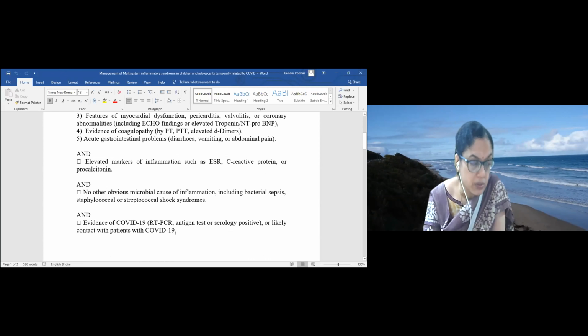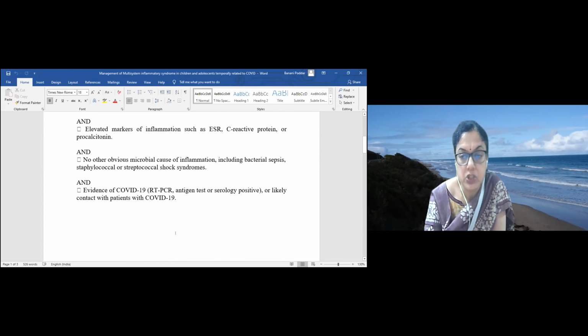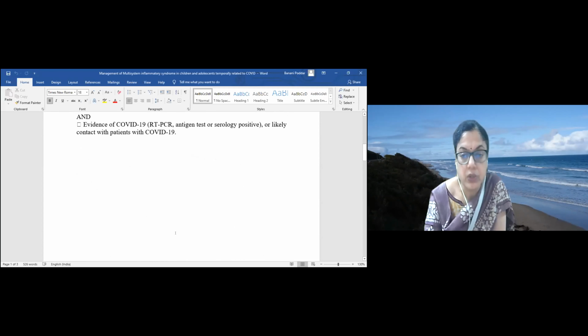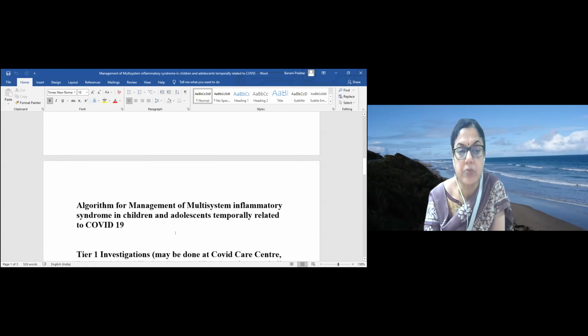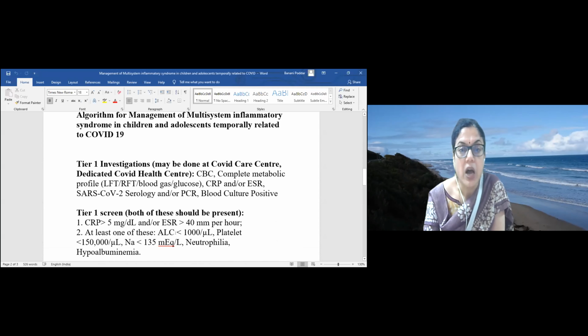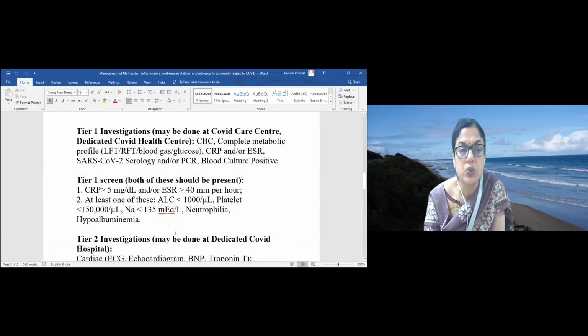Like right now, there is a child in ped gastro, one of our own faculty members' child. 1 month ago, their family, everybody had COVID, and now this child has come with high-grade fever and probably increased inflammatory markers. So tier 1 and tier 2, basically, tier 1 is CRP, ESR, and a lymphocyte count.